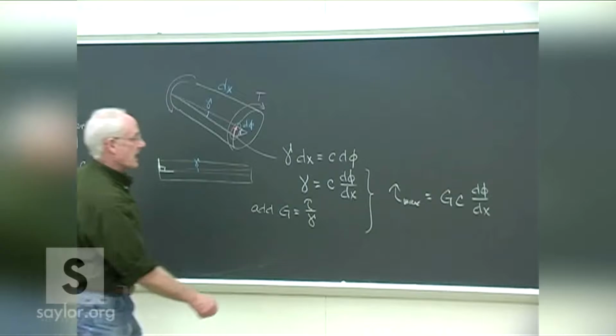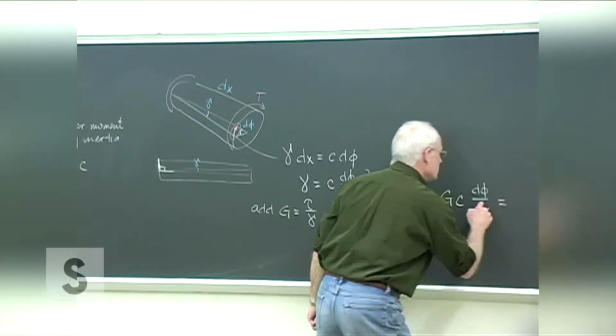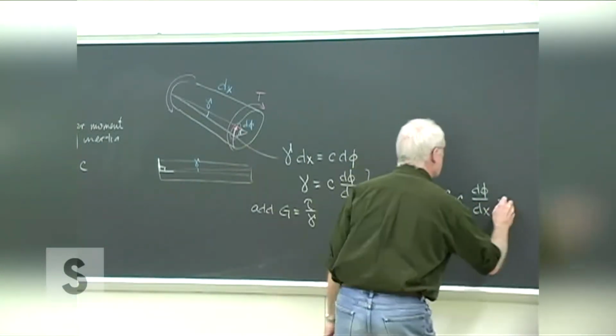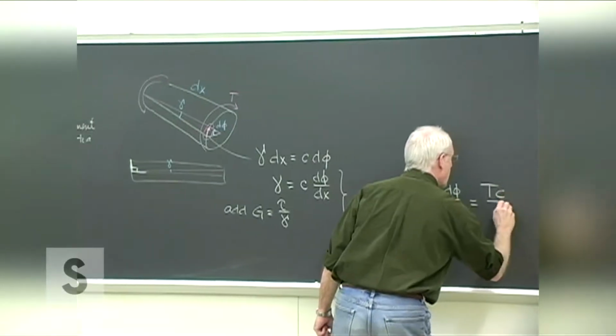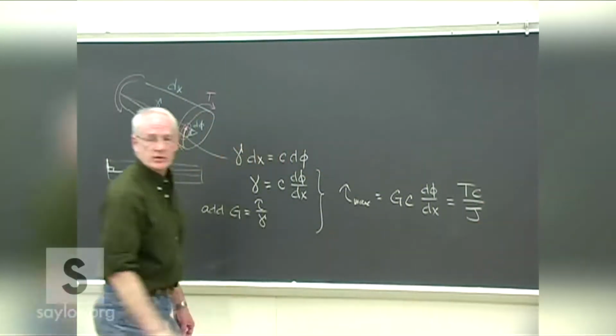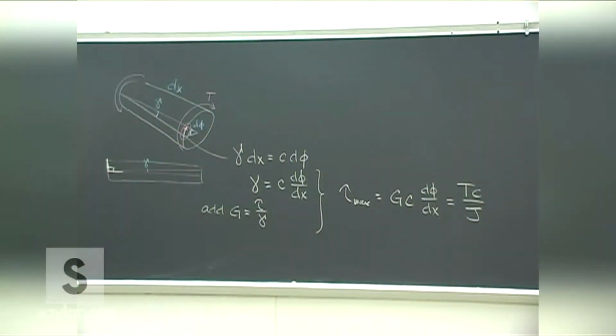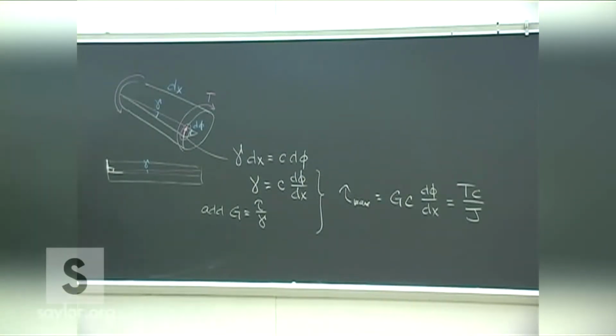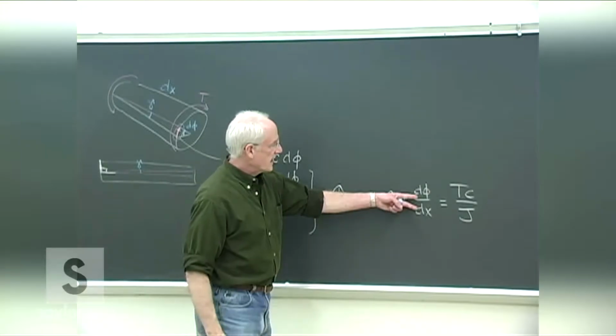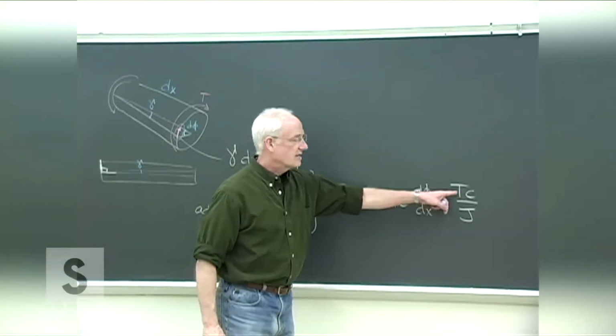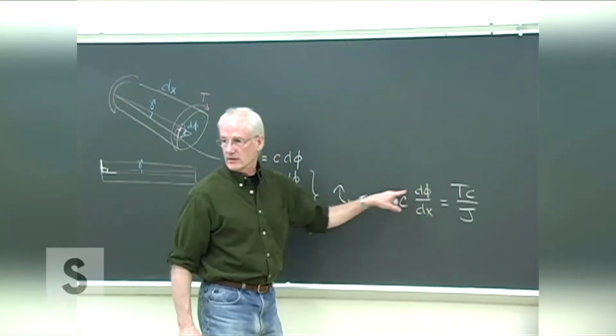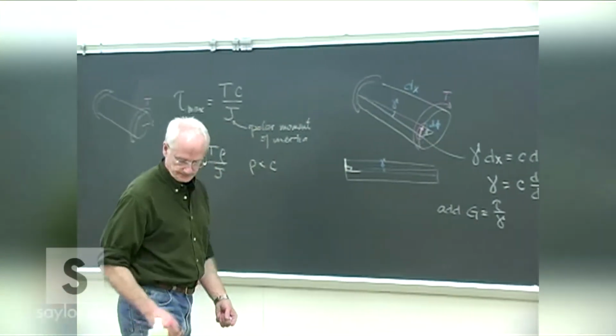So now we can combine the angular deformation with the torsional formula, the loading itself, and now we can get angular deformation as a function of the load and other geometric properties.